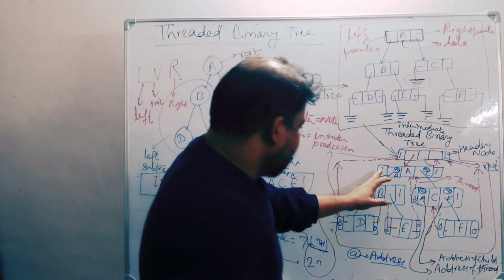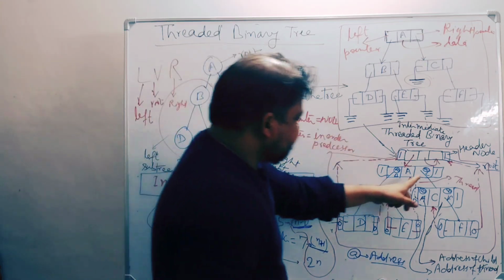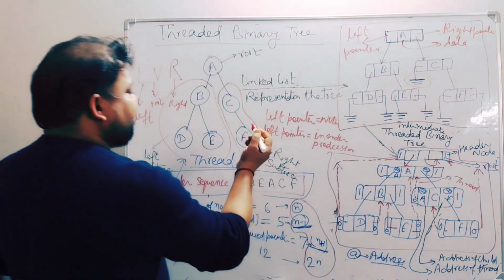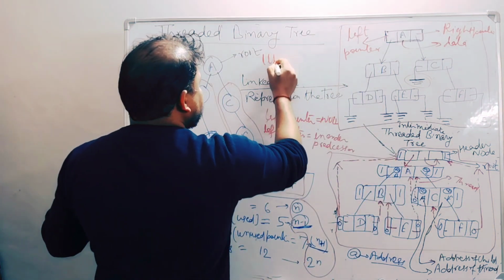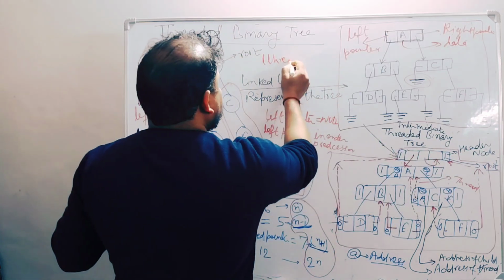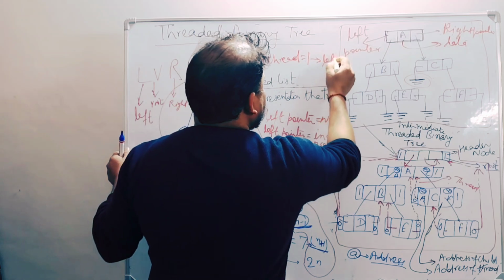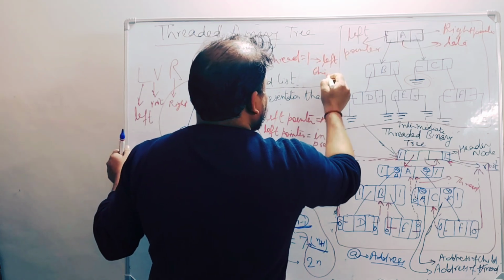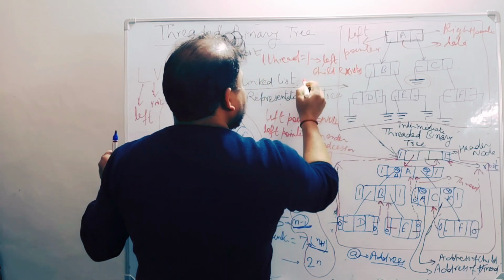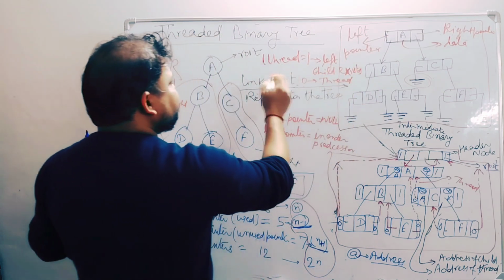If left thread is equal to 1, that means the left child exists. If it is 0, it means it is a thread. Clear? So you can check the things.